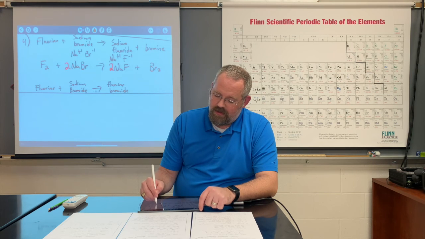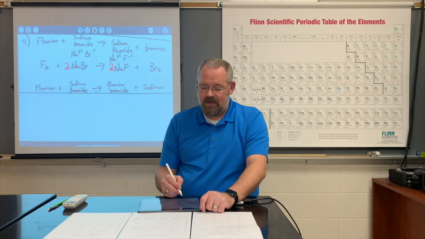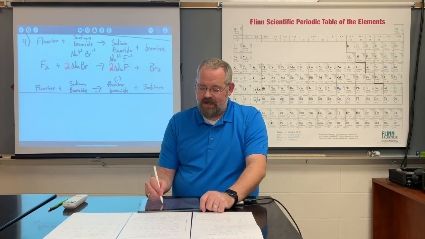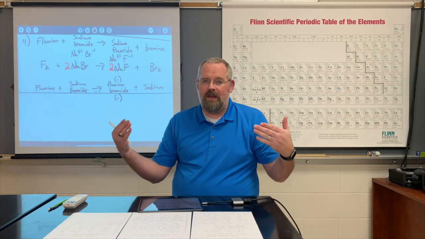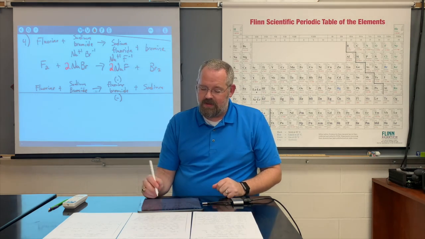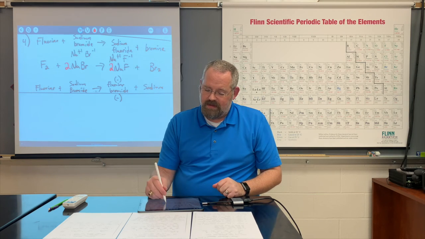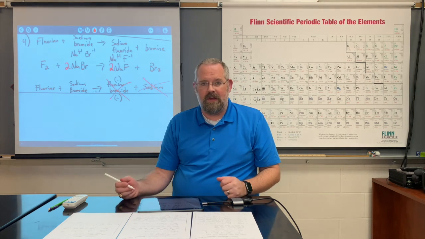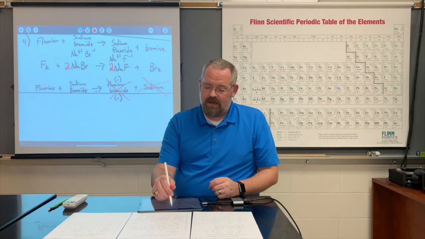But as long as you understand your positives and your negatives, and you know that that's a negative and that's a negative, and like charges repel, they're not going to go together. Okay, so this is not going to happen. Okay, so know your positives and your negatives.